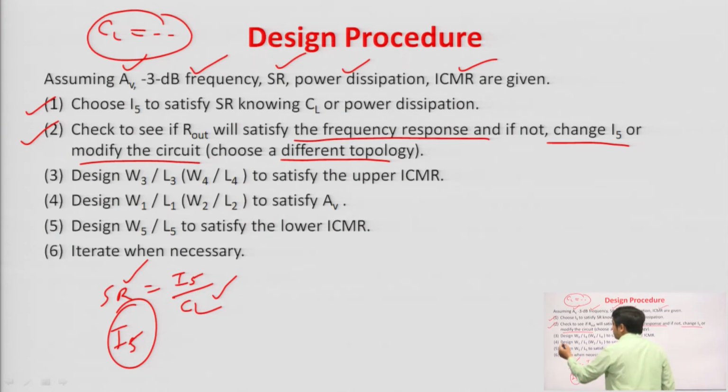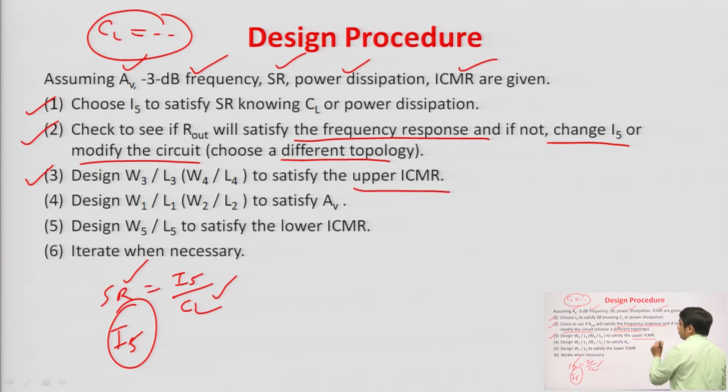Now, the W by L ratio of M3 and M4 will be decided to satisfy the upper value of the ICMR, and we will select the aspect ratio of the M1 and M2 transistors. W1 upon L1 is the W by L ratio of the M1 transistor, and W2 by L2 is the W by L ratio of the M2 transistor.